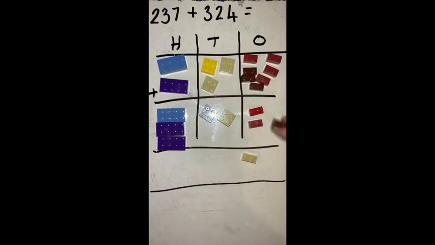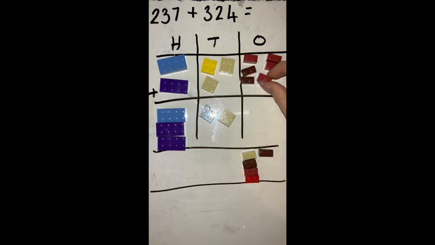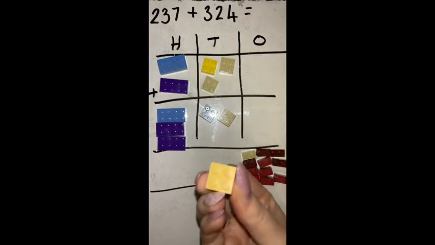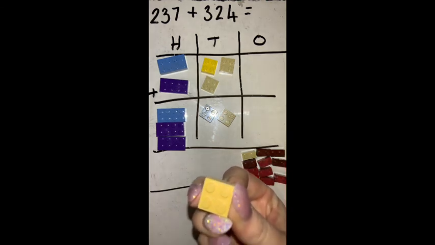So 1, 2, 3, 4, 5, 6, 7, 8, 9, 10, 11. Can I have 11 in my ones column? No, I can't, so I need to take 10 of these away and exchange for one of these that I'm using as a 10.